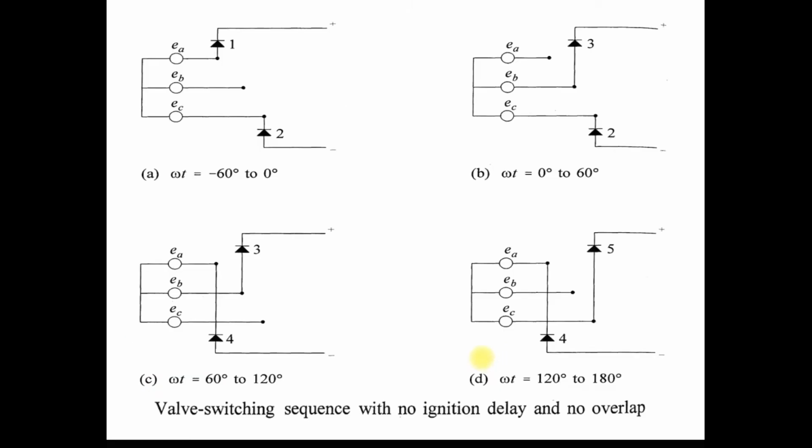And this is the conduction period at every 60 degree duration. You can see that from minus 60 to 0, valves 1 and 2 are conducting. Omega t from 0 to 60, 3 and 2 are conducting. In the same way for the next 60 degree, different valves are conducting. So at every 60 degree, only 2 valves are conducting, one from the upper group and one from the lower group. Clear? So this is the ideal operation.